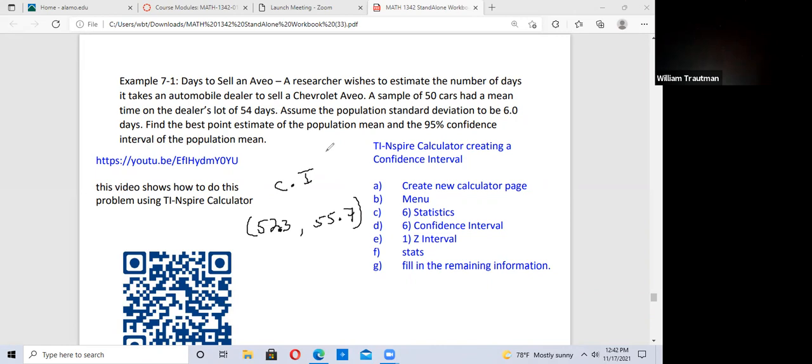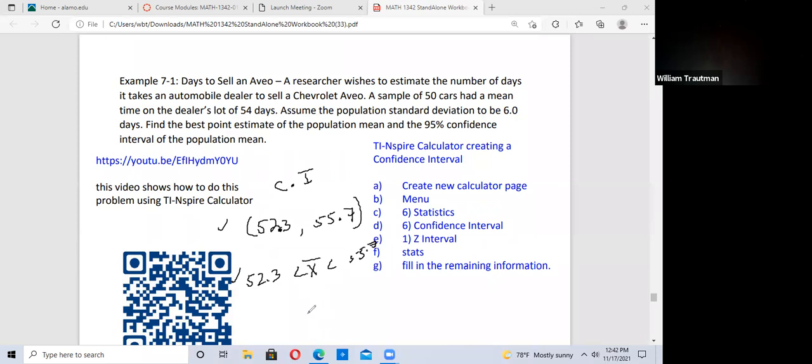That was one way of writing the confidence interval. Remember, you could also write it like this. You have the mean, and 52.3 is on this side and 55.7 is on that side. This is another way of writing the same answer. And there's one more way.